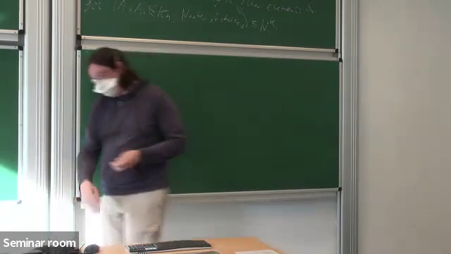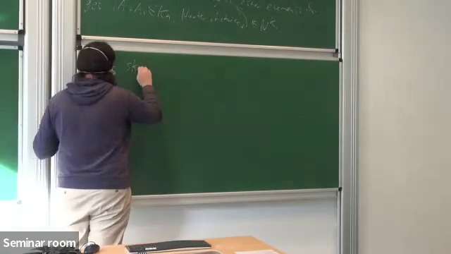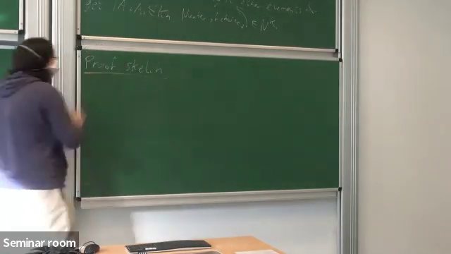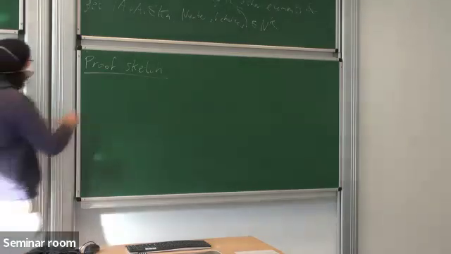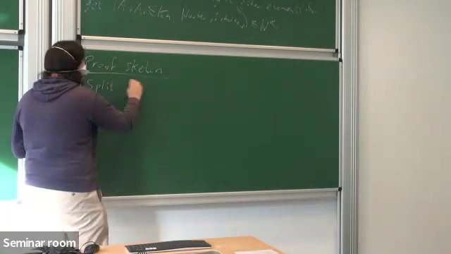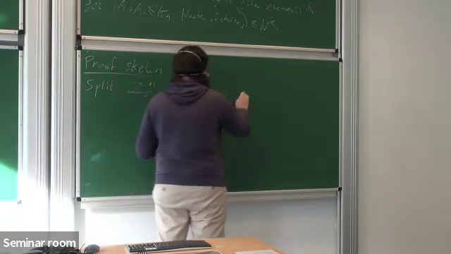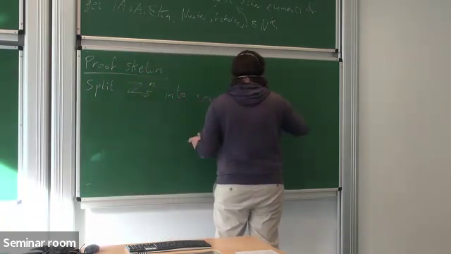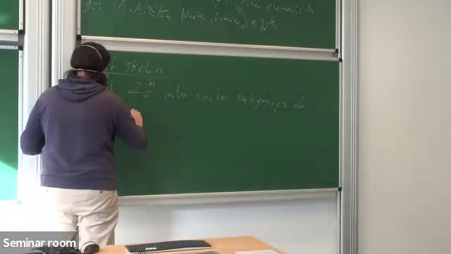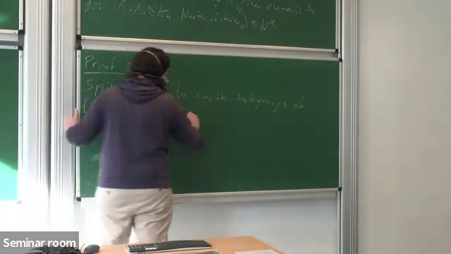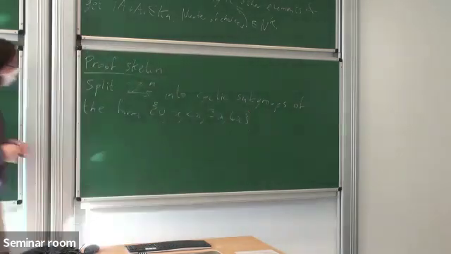Okay, and again, this is more of a sketch than an actual proof. So let's split Z5 to the n into cyclic subgroups of the form 0, x, 2x, 3x, 4x.